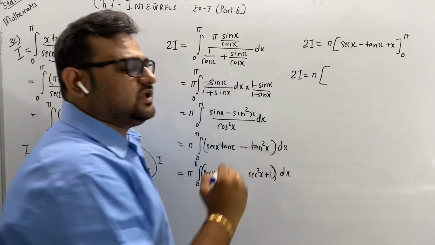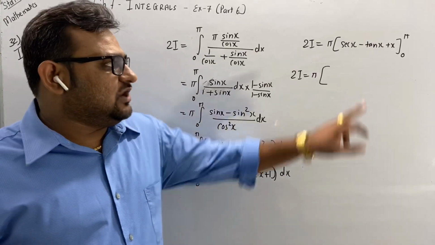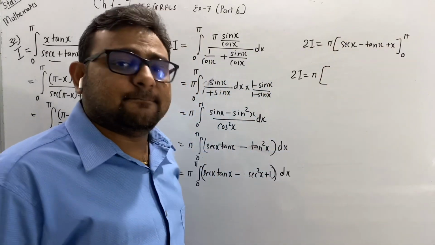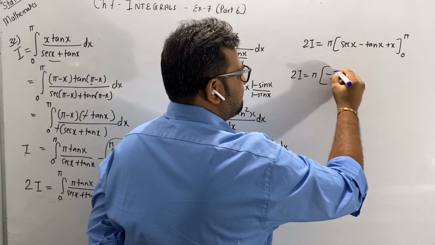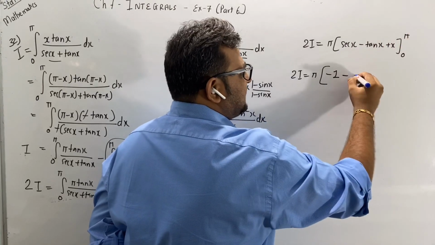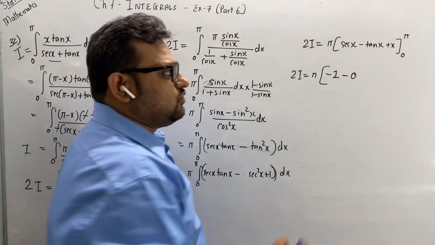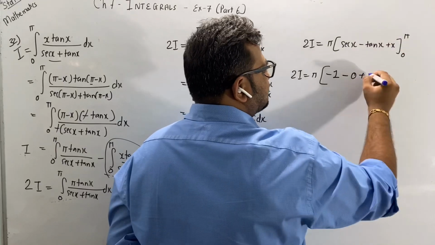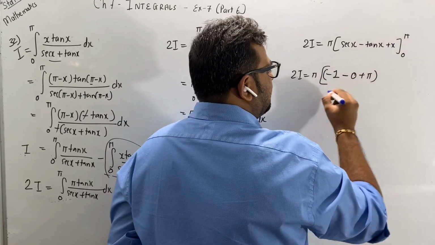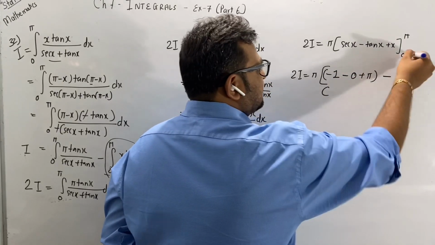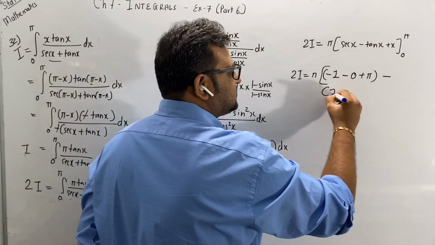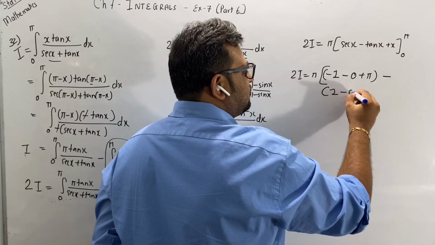Now let's put the value. The value of sec pi is minus 1. The value of tan pi is 0 plus, instead of x, pi, minus the value of sec 0 plus 1, tan 0 is 0.